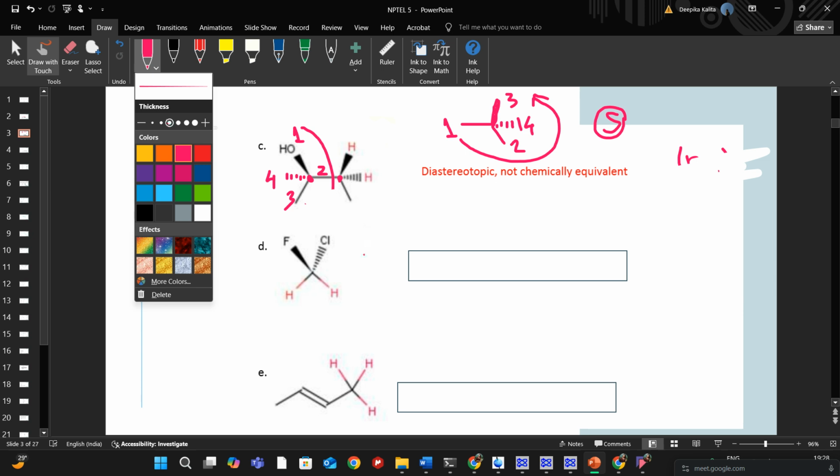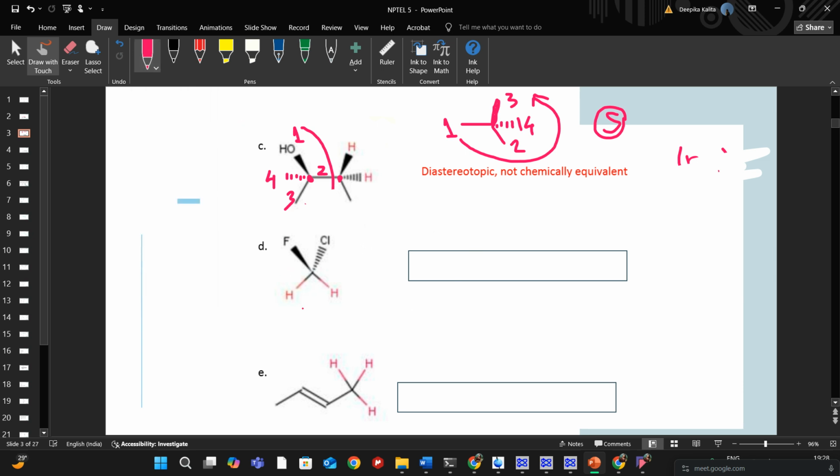Now we will move to the next pair of protons. Okay, in this case we are given these two protons and we have to figure out whether they are homotopic, enantiotopic or diastereotopic. So if we replace these two protons again by deuterium, suppose we are replacing this proton by deuterium, in that case above the plane we will be having the second priority atom, and chlorine will be getting the first priority.